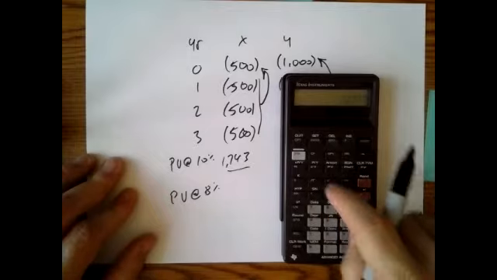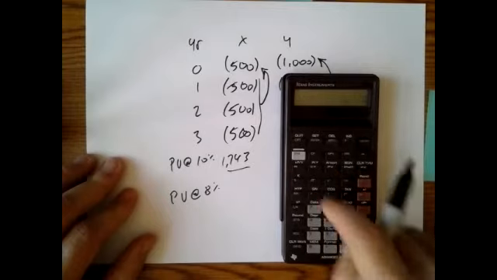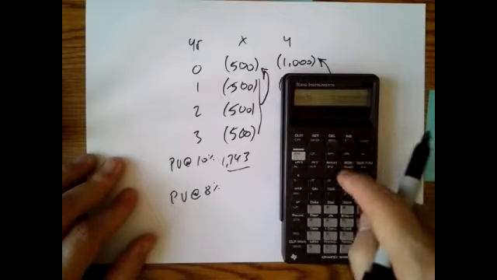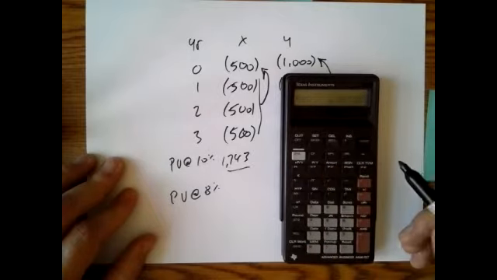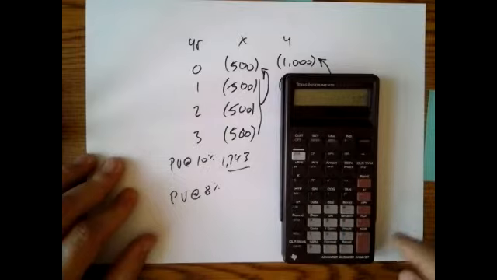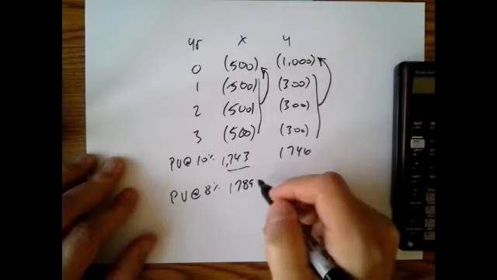So the interest rate is now going to be 8%, 3 years, and 500 is our payment. Compute the PV, and we get 1288 plus the 500 for year zero, and we get 1789.